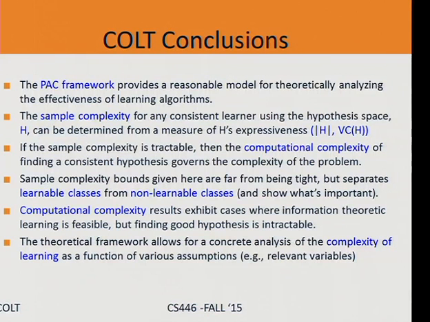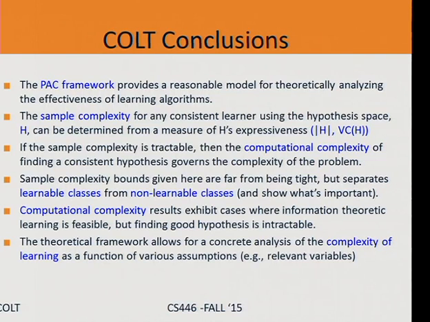So let's conclude here. So what do we know? We have a framework that provides a pretty good model for theoretically analyzing the effectiveness of learning algorithms. We talked about sample complexity, and we said that the sample complexity for any consistent learner, using the size of H or the VC dimension of H, is related to learnability, or it dictates learnability.